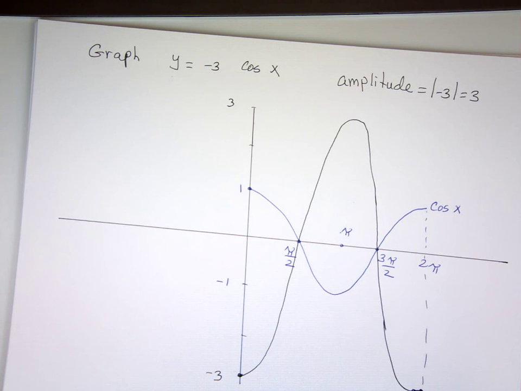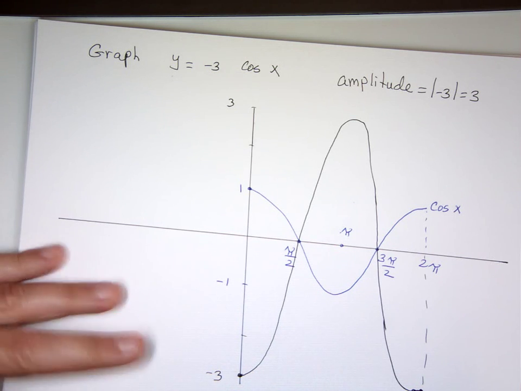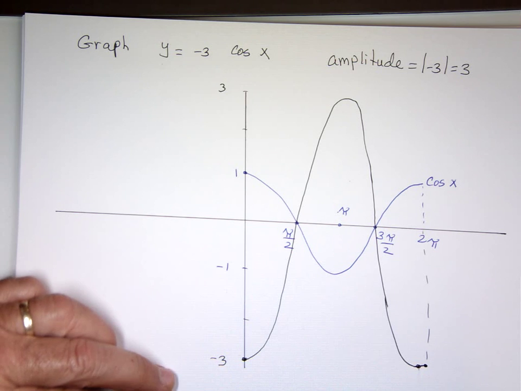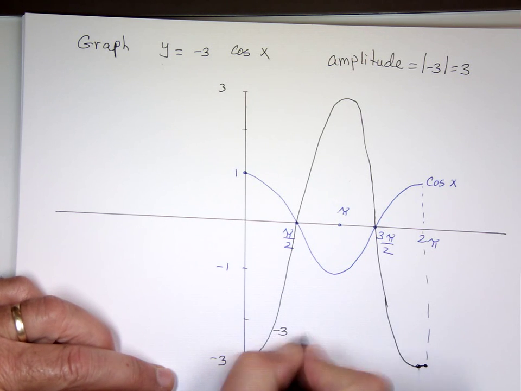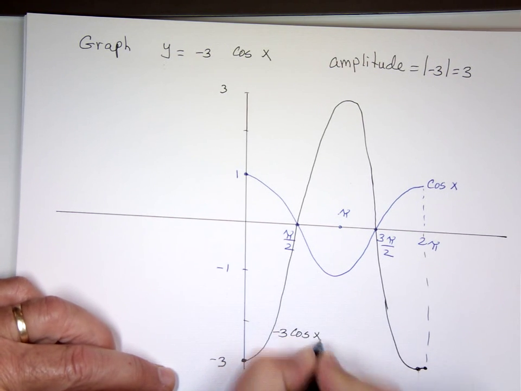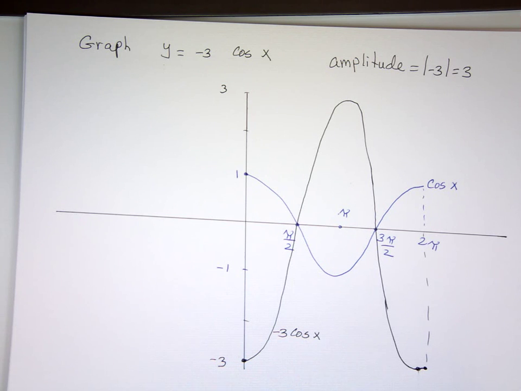That's what the graph should look like. This is negative 3 cosine of x. It's upside down because of the minus sign and stretched by a value of 3.